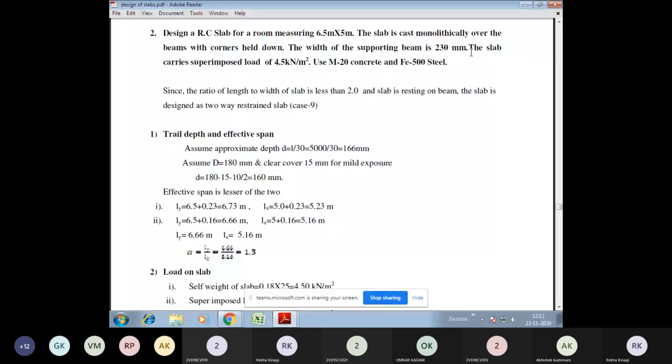Is the PDF visible? No, ma'am, not visible.